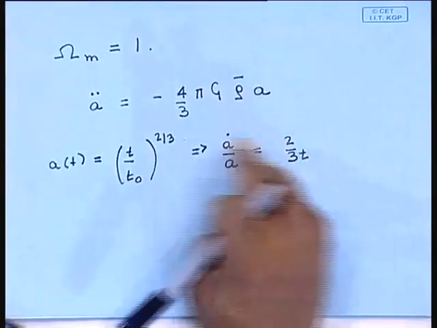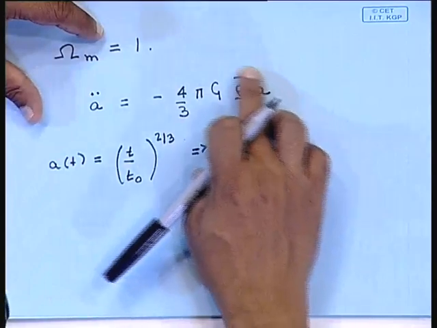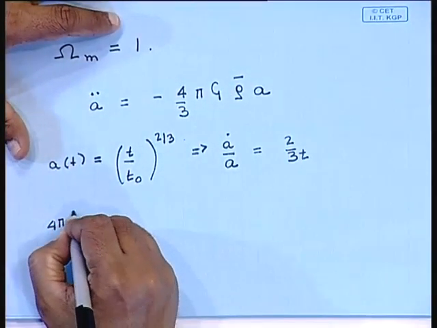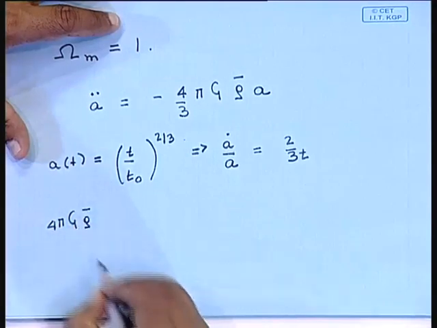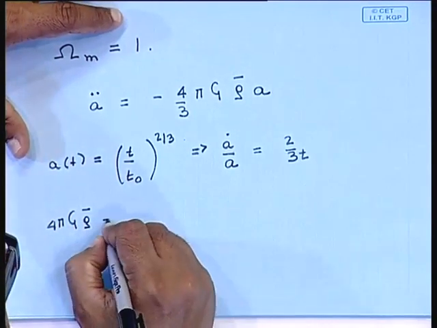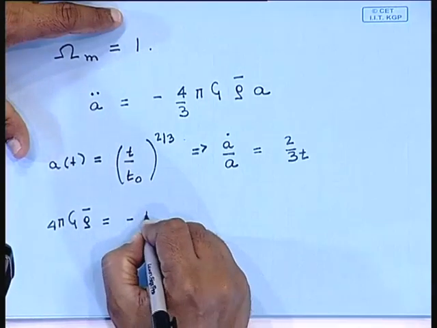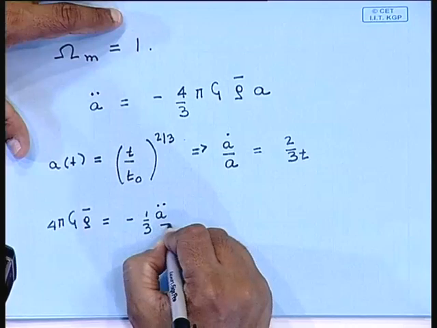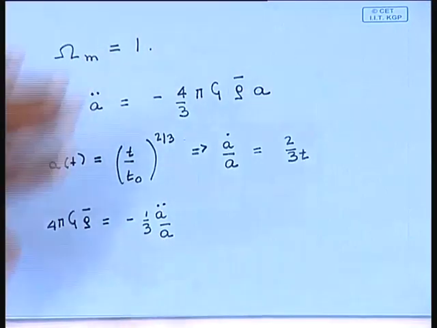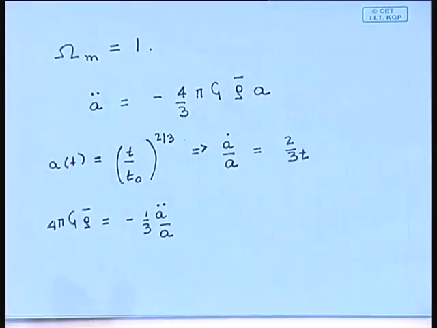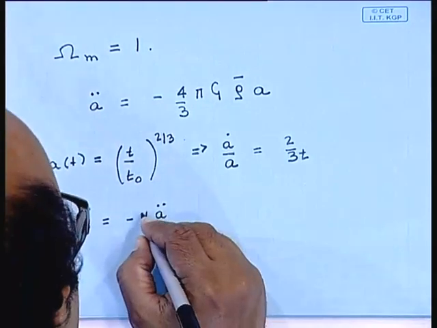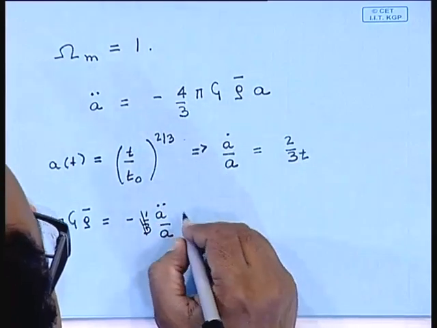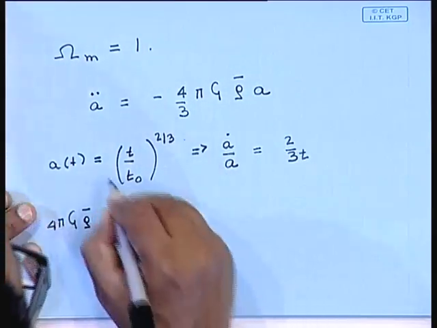You can get 4 pi G rho bar from this. 4 pi G rho bar, the mean density, is equal to minus 1/3 A double dot by A, right? No, it's equal to 3, sorry. 4 pi G rho bar is equal to minus 3 A double dot by A.